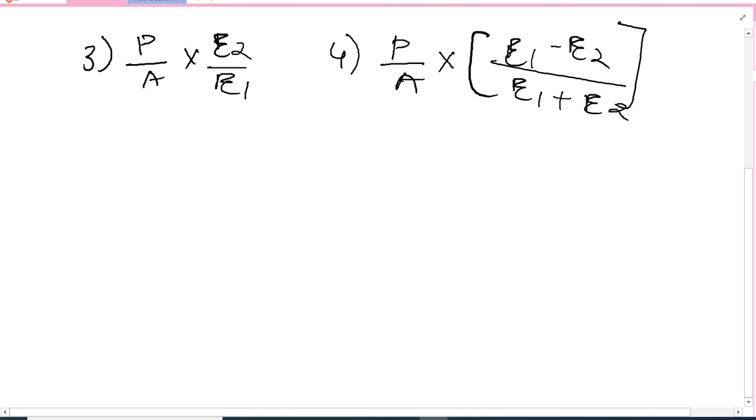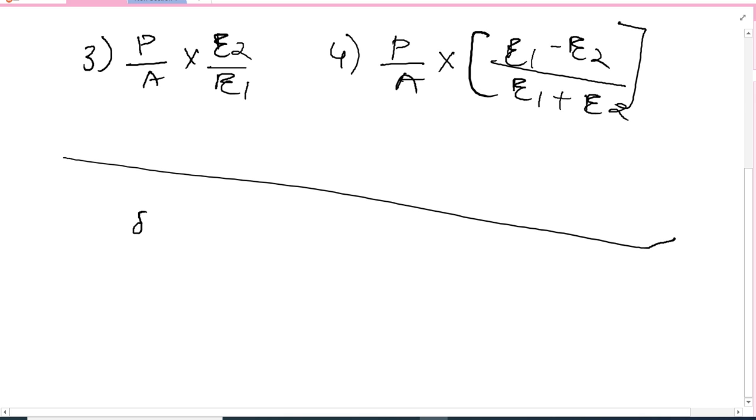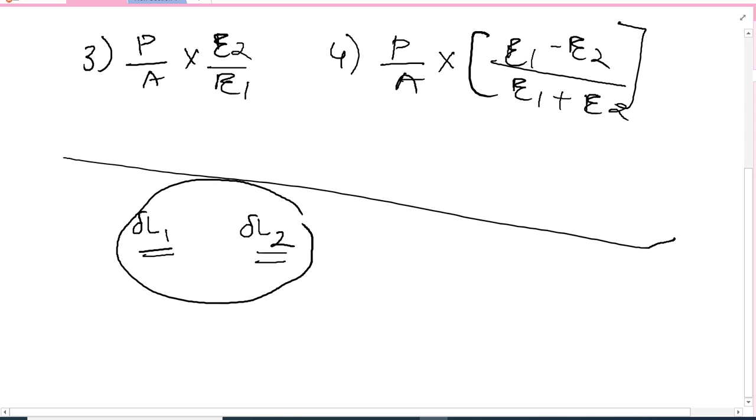Also tell me whether, if delta L1 is the deformation of the first section and delta L2 is the deformation of the second section, then which deformation is greater than the other, or else both are the same.